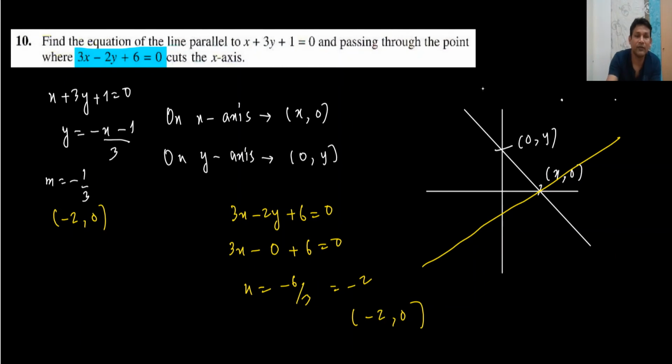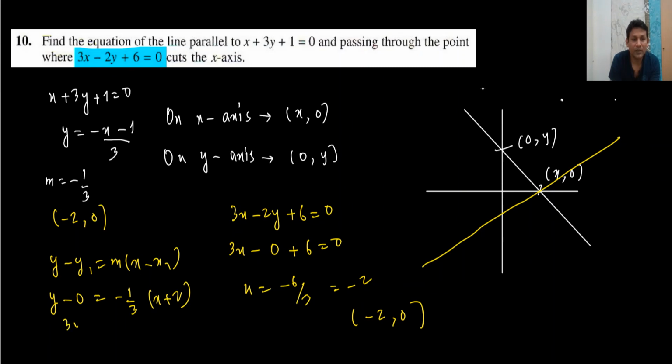So we can find the equation: y minus y1 is equal to m times x minus x1. y minus 0, m is minus 1 upon 3, x minus minus 2 is plus 2, so 3y is equal to minus x minus 2, and we have done it.